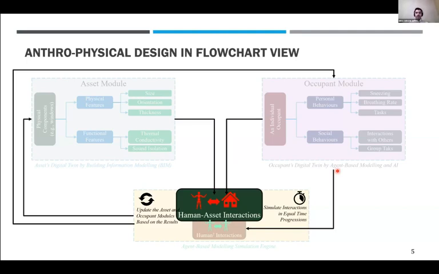The asset module, or the BIM, has been studied so much that you can see tons of studies looking into the functional design of, for example, HVAC systems based on the asset module. But what my research is introducing through the anthro-physical design is this human-asset interaction.